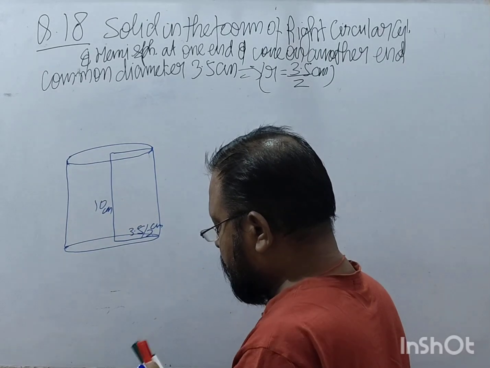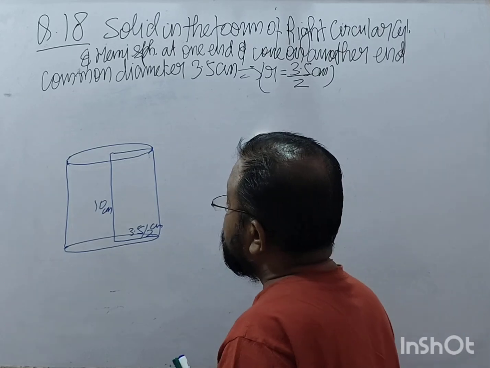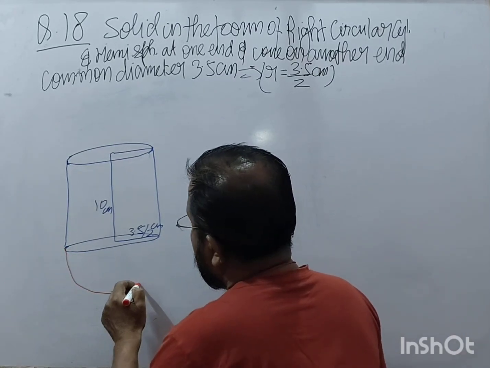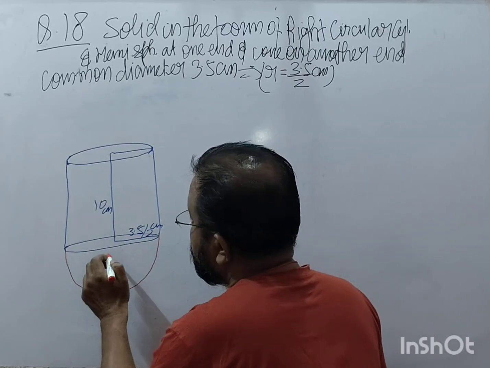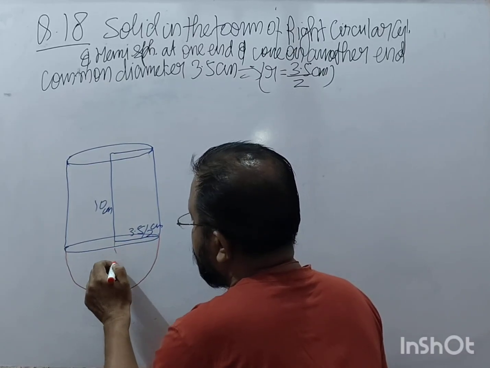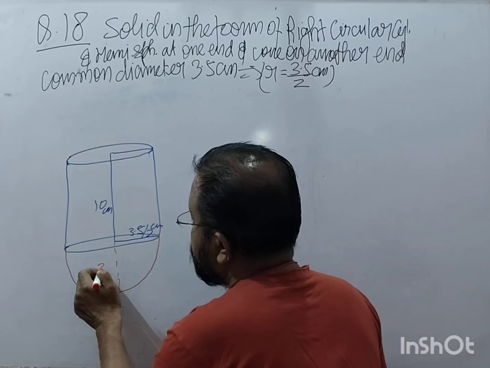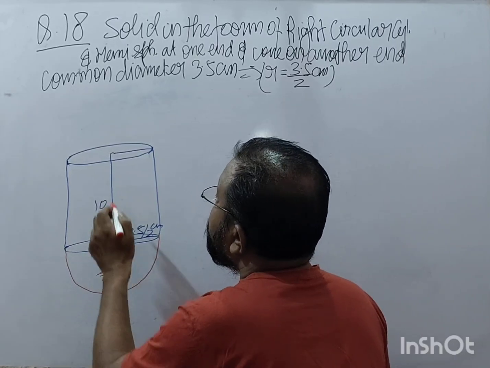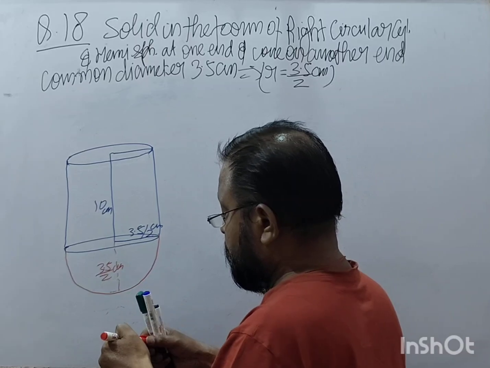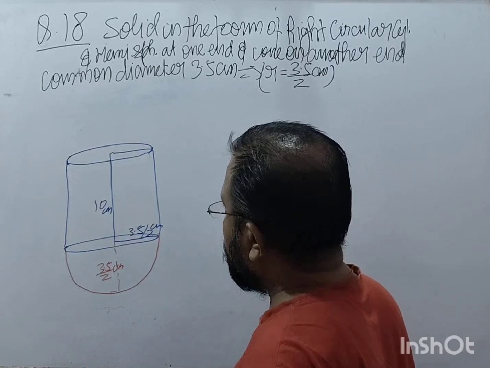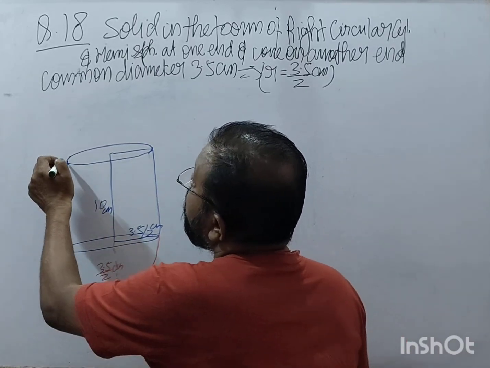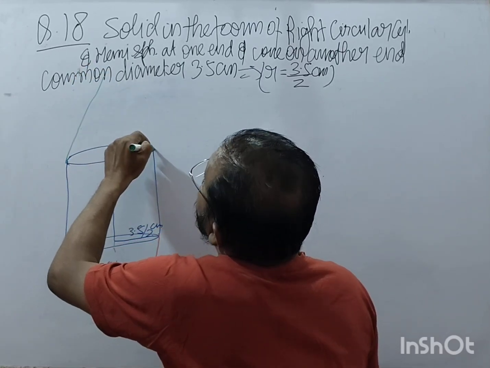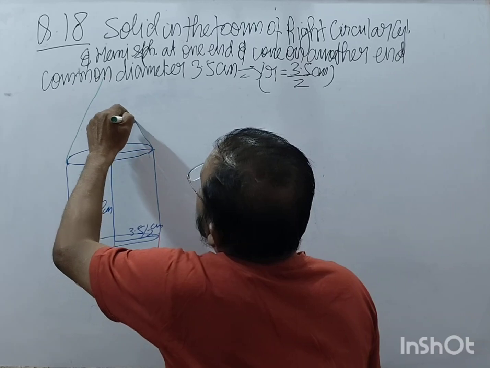On one end there is a hemisphere of radius 3.5 by 2 centimeter, and there is a cone here.